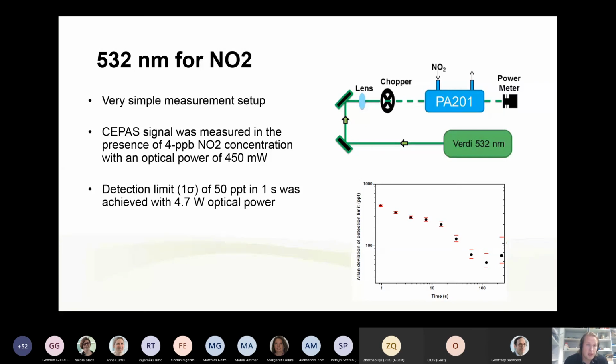We were able to achieve a root mean squared detection limit of 50 ppt, or 0.05 ppb, in 1 second with 4.7 watts of optical power. Of course, that's a lot of power, but like I said before, this is a laboratory system.